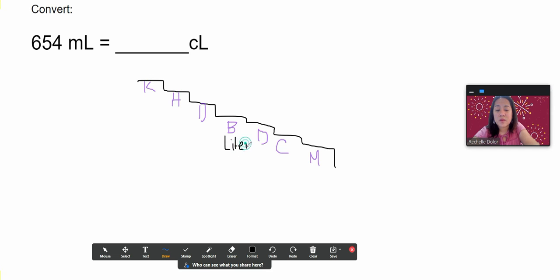So this is milliliter, and is that CL? Centiliter. Yeah, centiliter is here. So milliliters to centiliters is to the left 1 time. Okay, so I have 654. The decimal point moves to the left once. So the answer is 65.4.